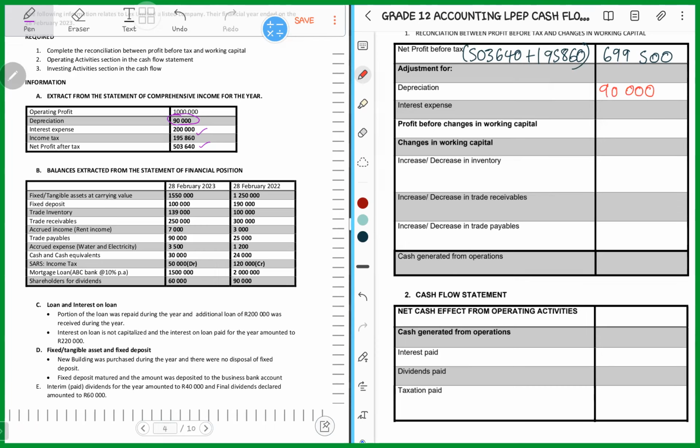We're going to get it from the interest expense part in the statement of comprehensive income, which is 200,000. Then here we're going to say 200,000. Since we previously subtracted them, we are adjusting by adding them back. So to find the total adjustment, it will be 90,000 plus 200,000.